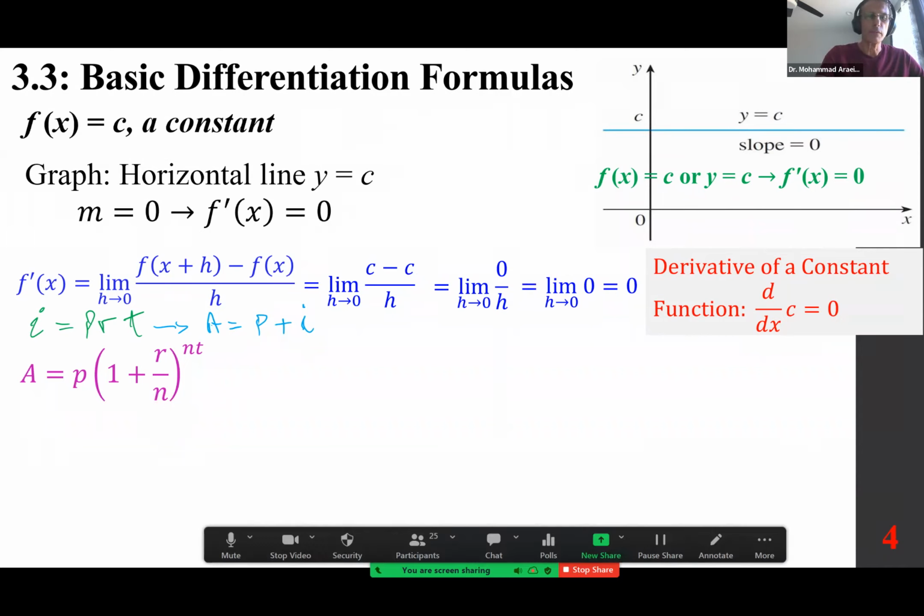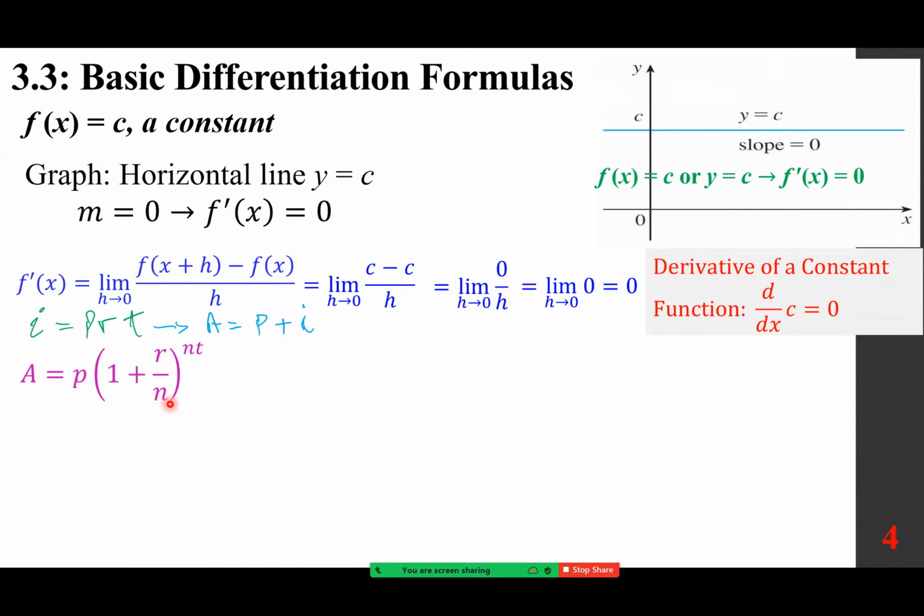So if we decide to represent the reciprocal of R over N with some other variable such as M, what happens is that we are going to replace this with 1 over M, and then the cross product here shows that N is R times M. So we can replace this with R times M. We put the M intact and then R next to T, and it looks like this.